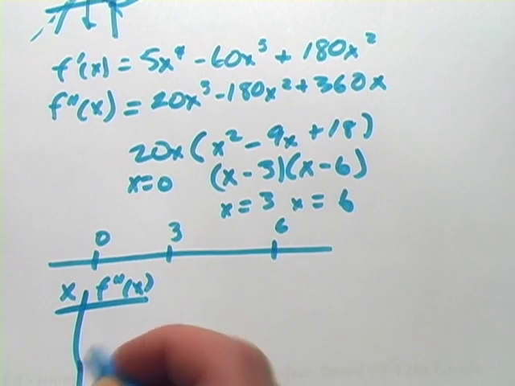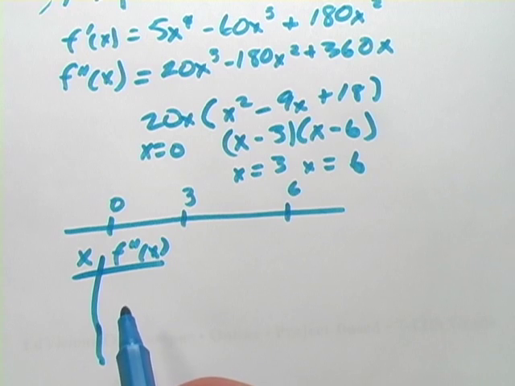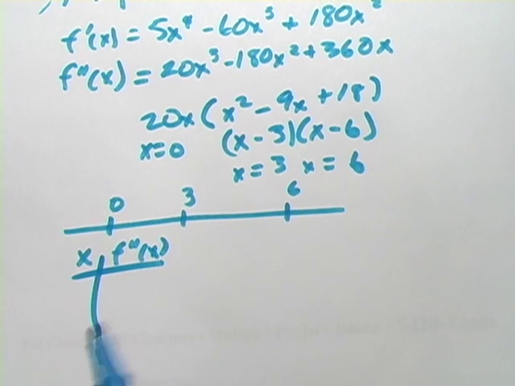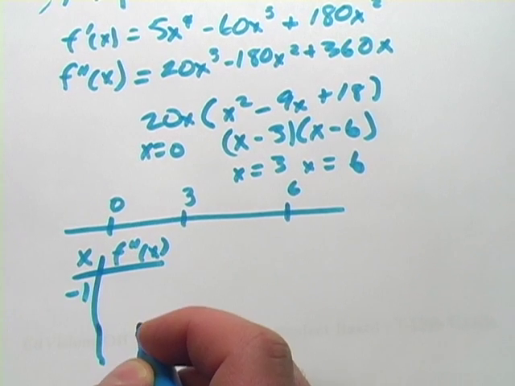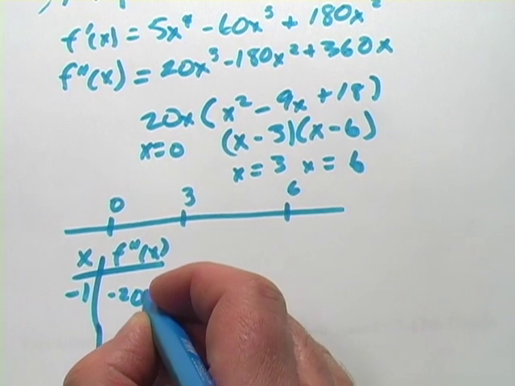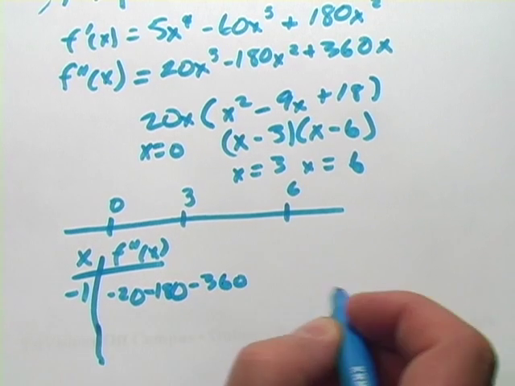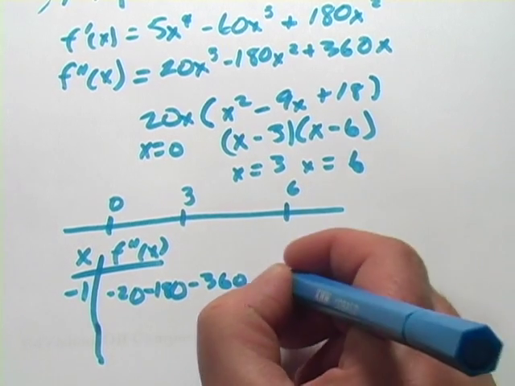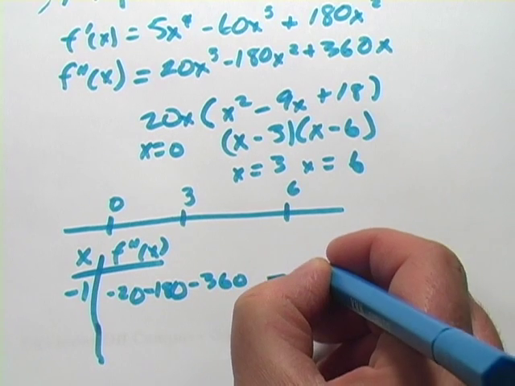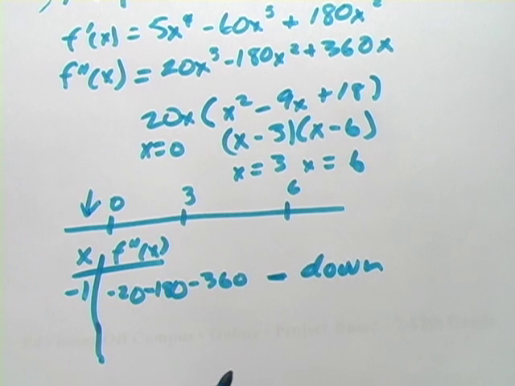And all we really need to know is whether it's positive or negative, so we might not crunch out all the numbers if we can figure that out. In this region I'll put in -1. That's going to give me -20 minus 180 minus 360. So that's clearly negative, and this is concave down. So I'll make a note here, concave down there.